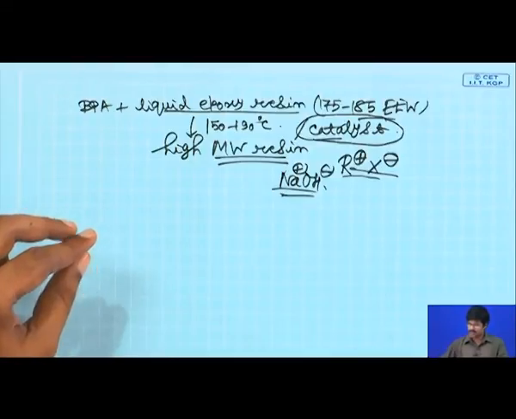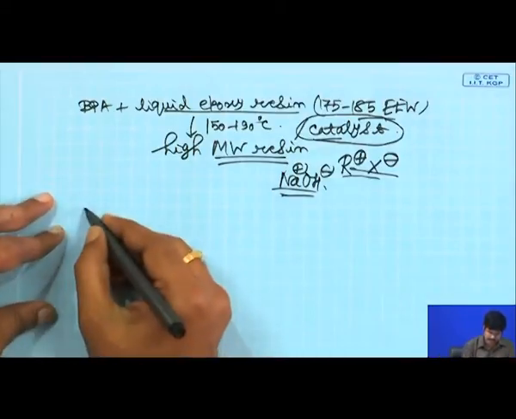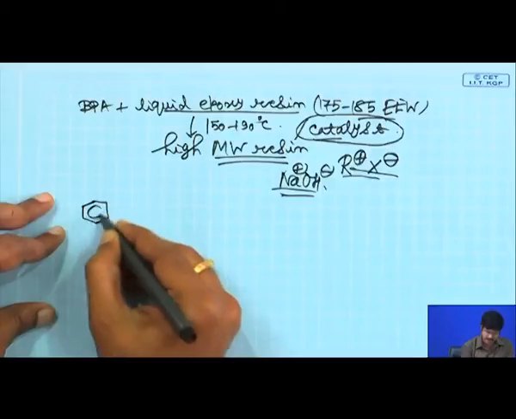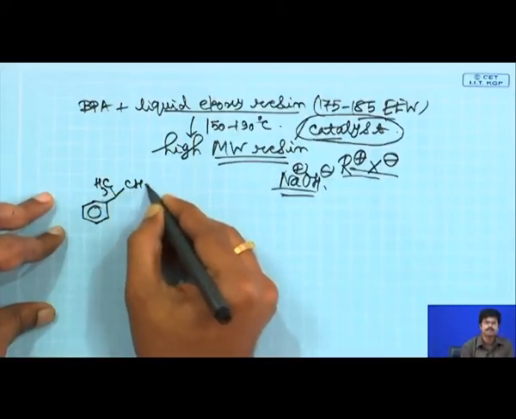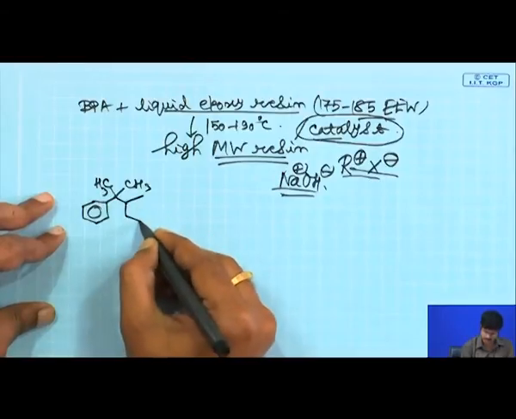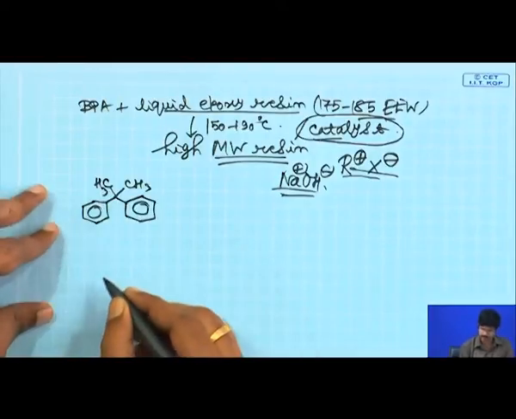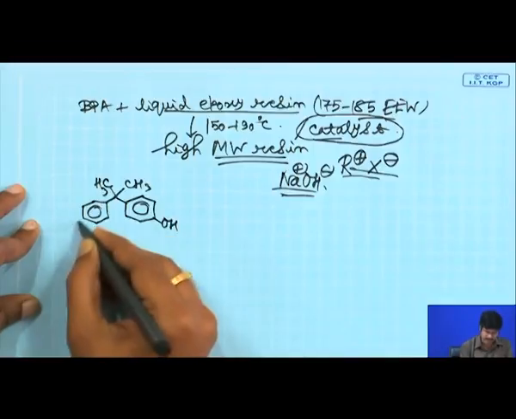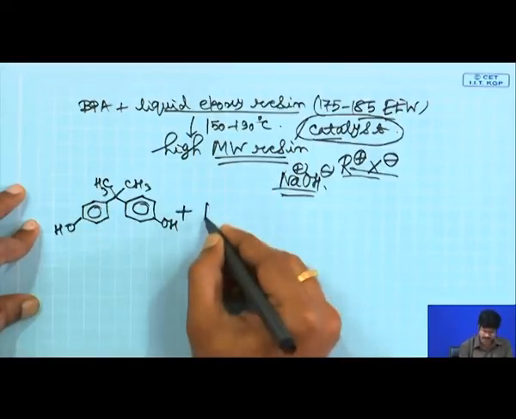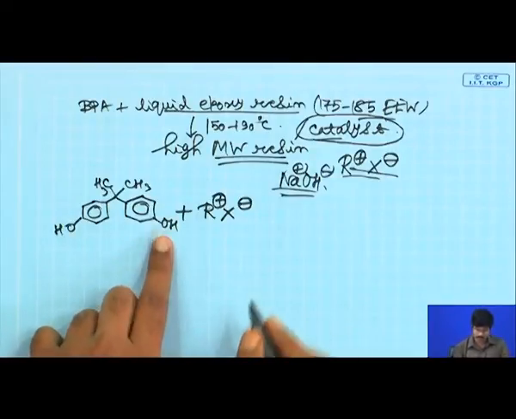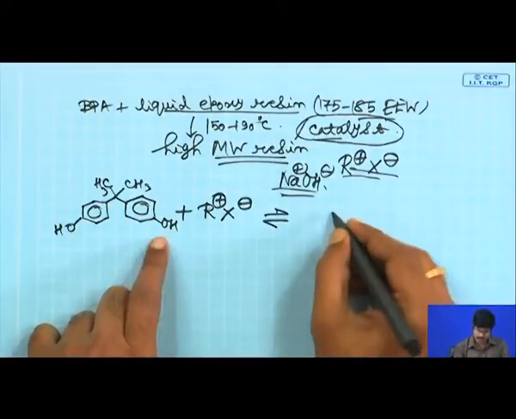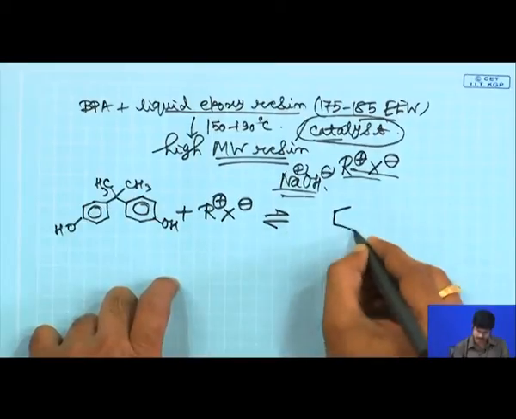So, the mechanism is something like this. So, you have your bisphenol A that is present here. Now, this bisphenol A reacts with your advancement catalyst and it is deprotonated, basically in a reversible fashion.